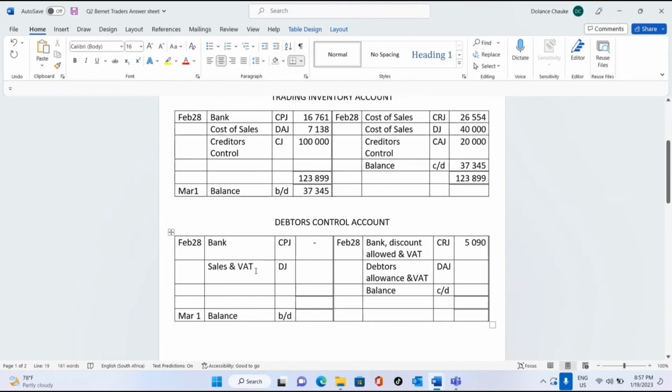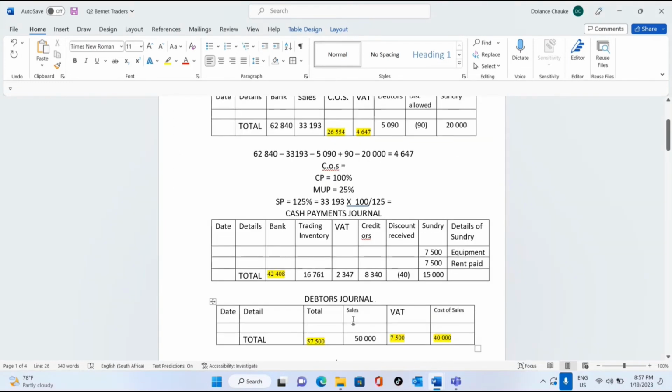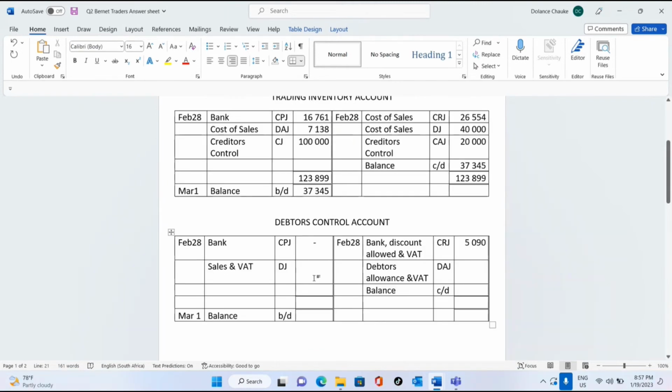So it's sales that include VAT, right? From your calculations, total sales plus VAT equals 5,750. So that's why we are taking that one. So it's going to be 5,750.